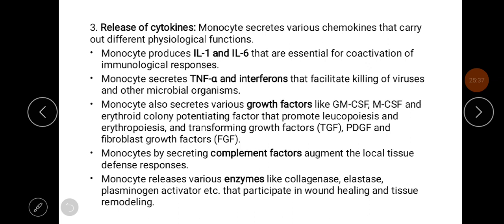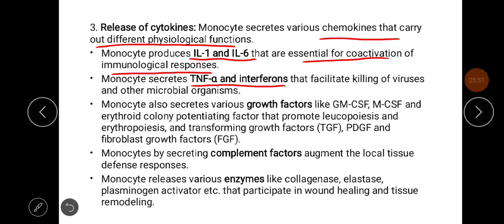Release of cytokines. Monocytes secrete various chemokines that carry out different physiological functions. Monocyte produces interleukin 1 and 6 that are essential for co-activation of immunological responses. Monocyte secretes TNF alpha and interferon that facilitate killing of viruses and other microbial organisms.